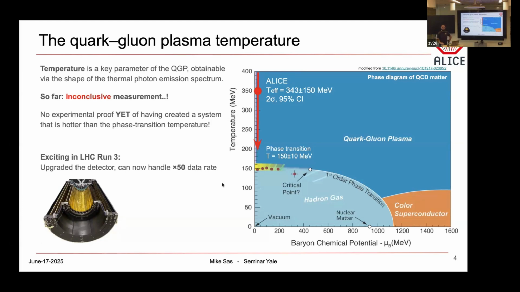So then at RHIC, what's the additional motivation to measure photons instead of dileptons? I will also show that in the next few slides. There are only more and more arguments to move to dilepton measurements instead of photon measurements.